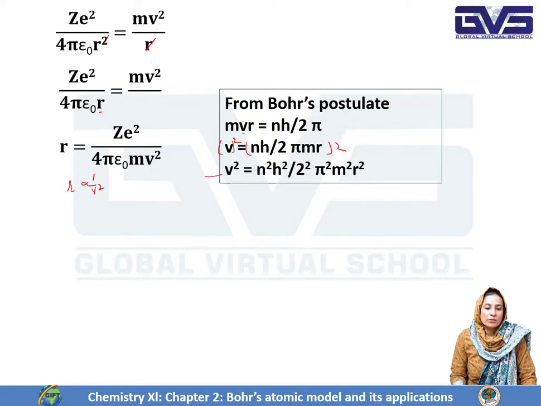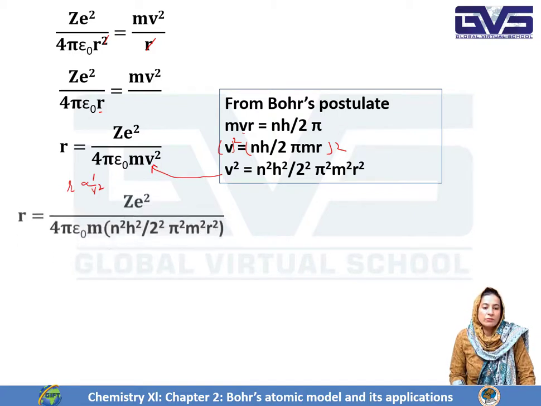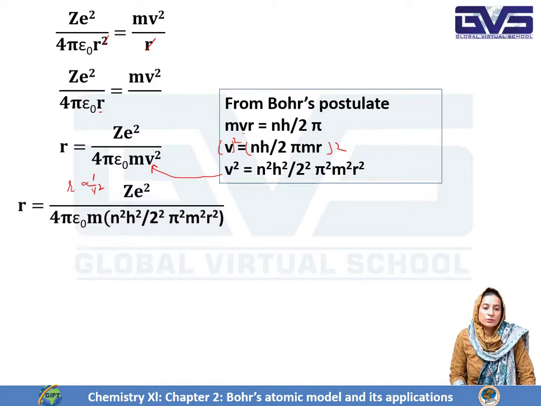So putting this value of velocity here, we have this form of equation, r equals Z square, this value, keeping this from Bohr's postulates. Because this is in the denominator, it will move this factor, only this factor.